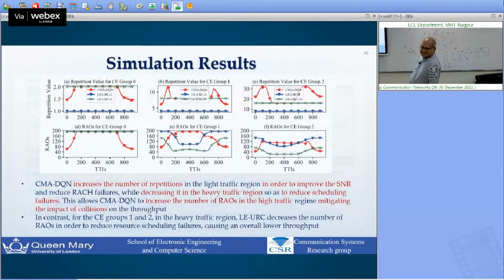So this combination, reducing the repetition factor and increasing the random access opportunity during the bursty traffic period, gives more reward. If you take load estimation, they fixed repetition 4 and 8. They are not changing, so they won't succeed.